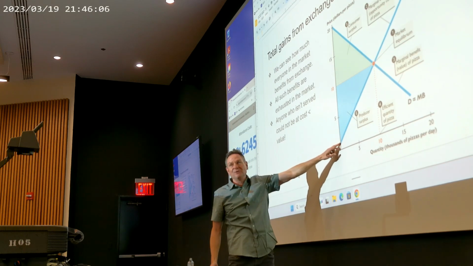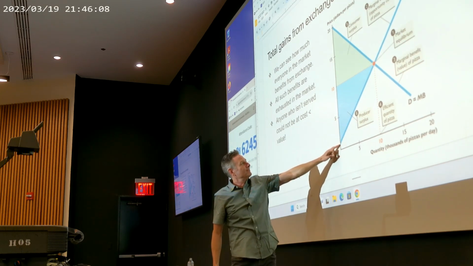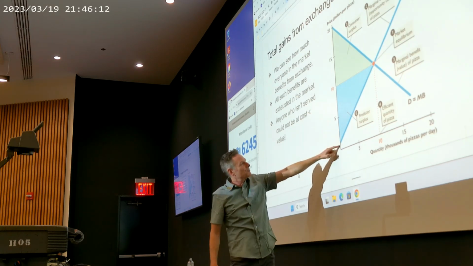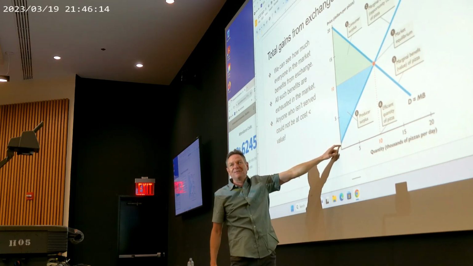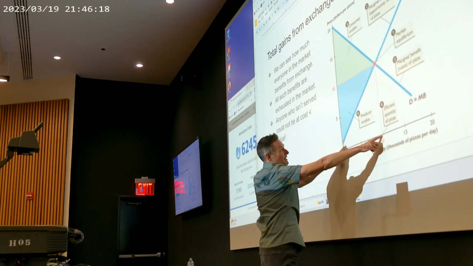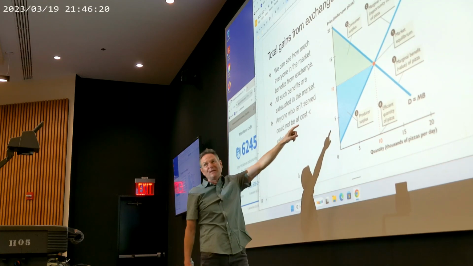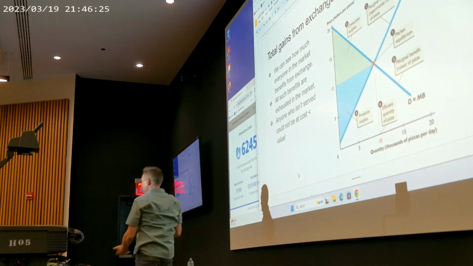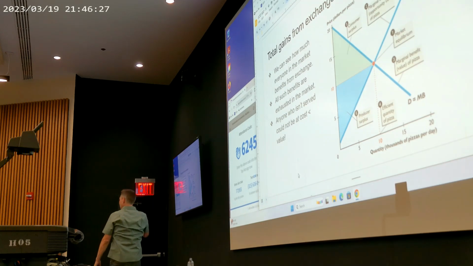I guess we can take this to be 2. 10 minus 2 is 8. 8 times 10 is 80, divided by 2 is 40. So we'd have 40,000 and 50,000, $90,000 in benefits flowing through our market here.